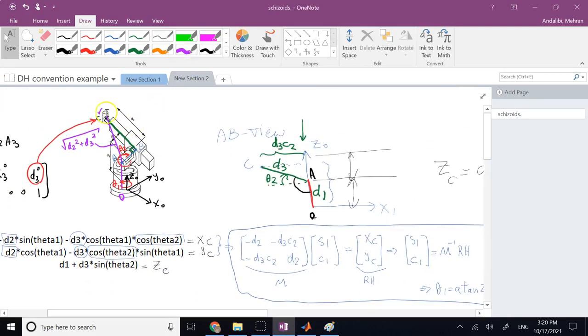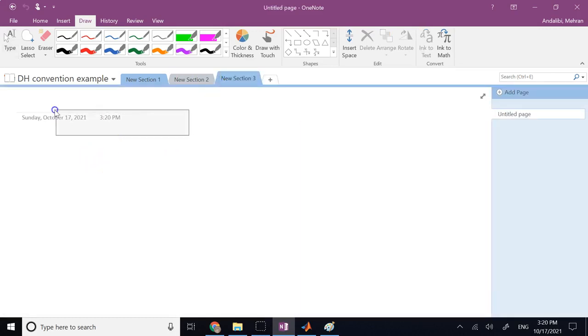Now the question is, how do you find the last 3 joints? And for that we need to do the inverse orientation problem. And what we do here is, we say, well, now that I found the first 3 joints, I can find the rotation matrix of frame 3 with respect to frame 0, correct?